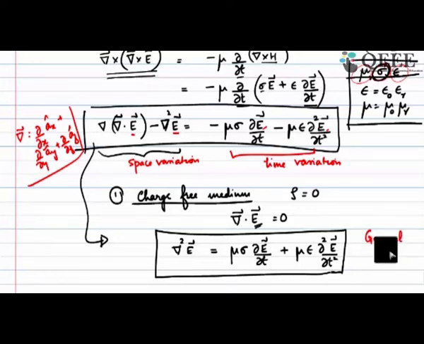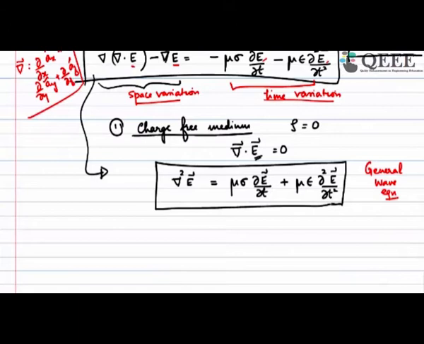We call it a wave equation because ultimately the solution will turn out to be a wave, because there is a space variation and the space variation is related to the time variation. It is not that I have some oscillation in time independent of what is happening in space. There is an oscillation in time and a variation in space, and both are related to each other through this equation. So this is my general wave equation.